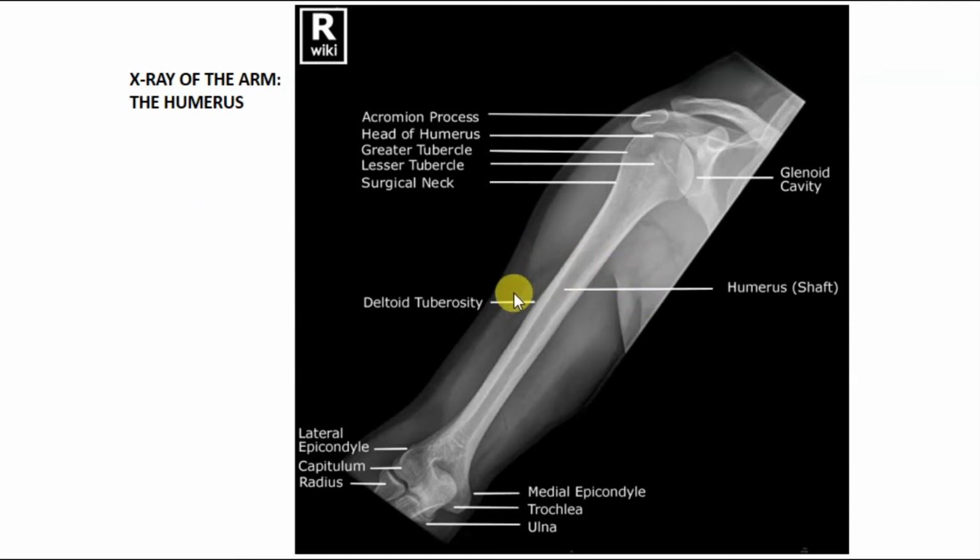So we are doing the imaging of the bone like this, and we are seeing different structures such as the deltoid tuberosity. We are seeing the shaft of the humerus. Then we see the epicondyle, the trochanter, the trochlea. Then we see the ulna, we see the acromion process, the head of the humerus.